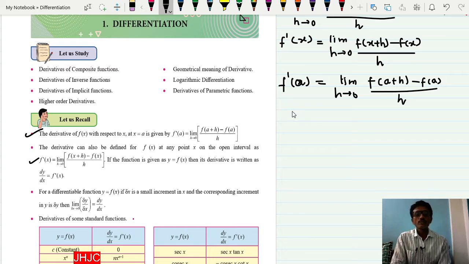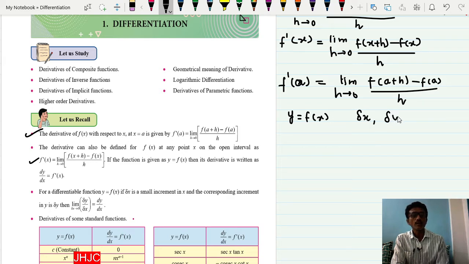Then another definition: y is equal to f of x is a differentiable function. Here y is equal to f of x, delta x is small increment in x, delta y is corresponding increment in y, then this delta y upon delta x is a ratio of two increments, that is incremental ratio.